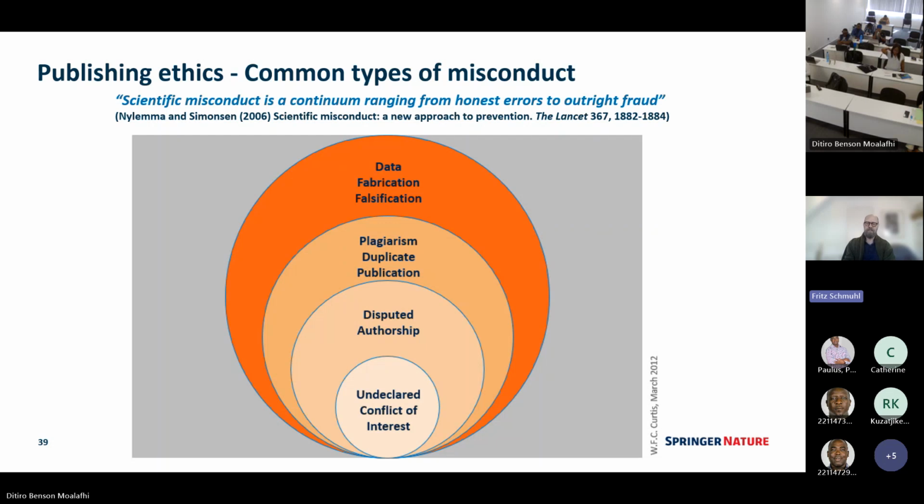You may want to question, is there a conflict of interest? Yes, no. A bigger part of misconduct could be disputed authorship.